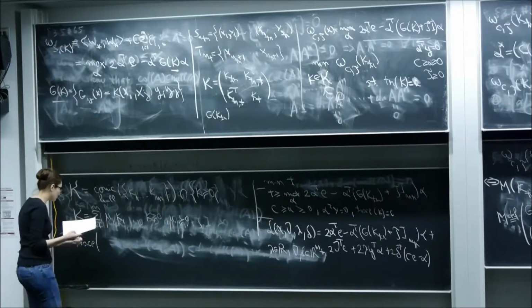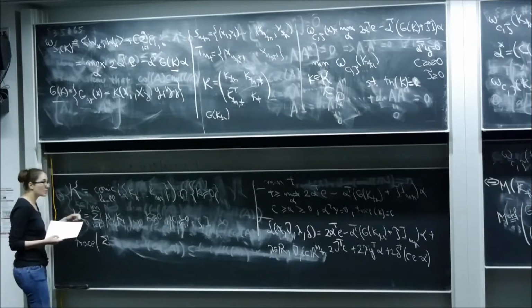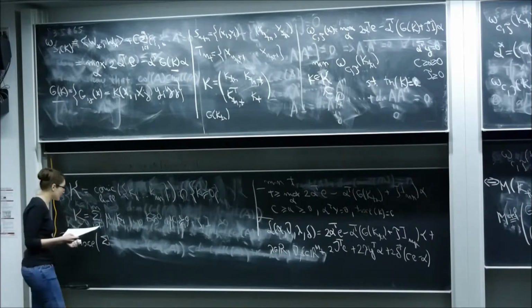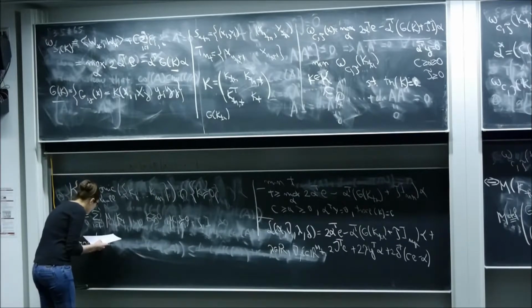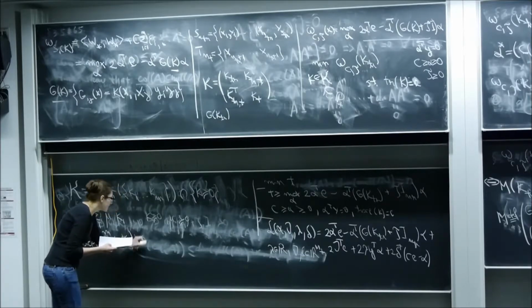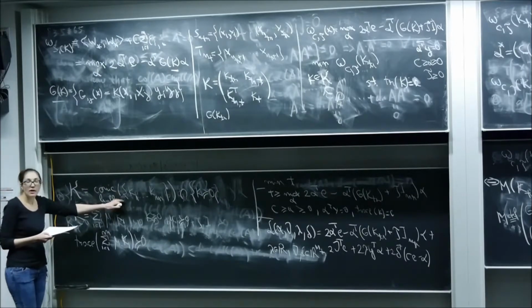We're going to replace the optimization over K with an optimization over the mu i's, which give us K. So first we're going to have the trace of this conic combination. So the assumption is that the training K will be like the base K. No, so these are just some.